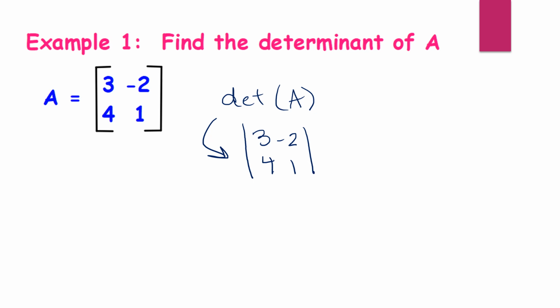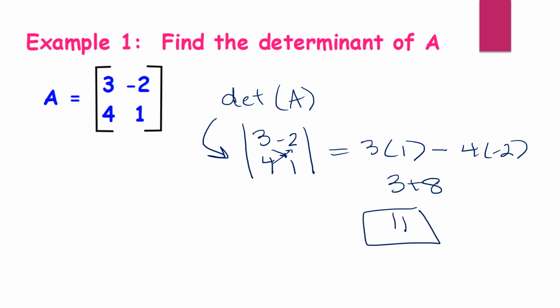And our directions were to take A times D, so the down diagonals, multiply those, and then subtract the up diagonals, their product, 4 multiplied by -2. So 3 times 3 is 9, and a -4 times a -2 is a +8. So the determinant of A equals 11. That's it. That's all there is to it.